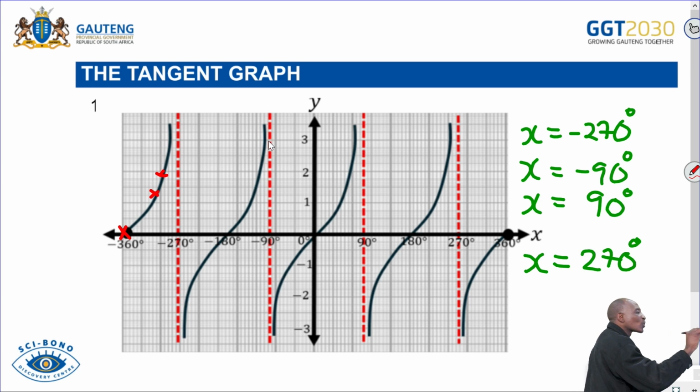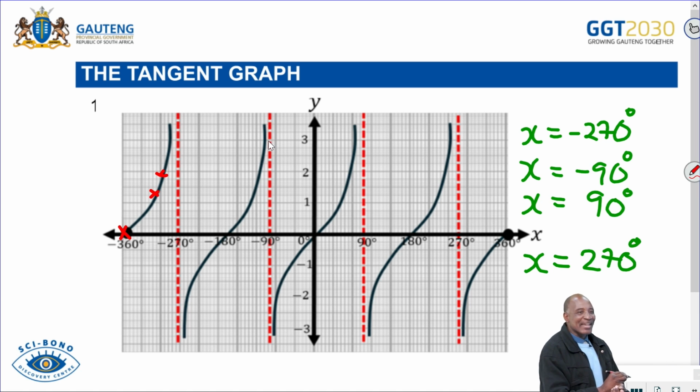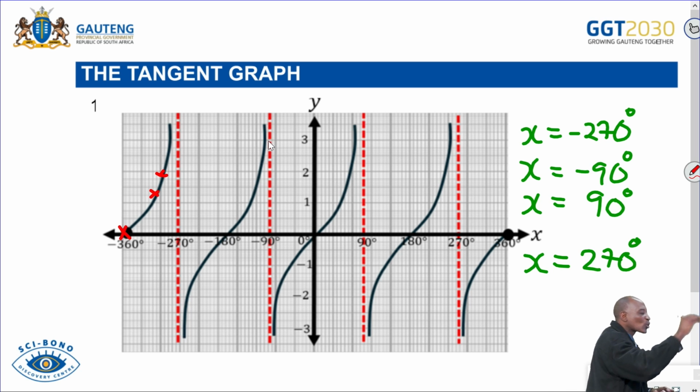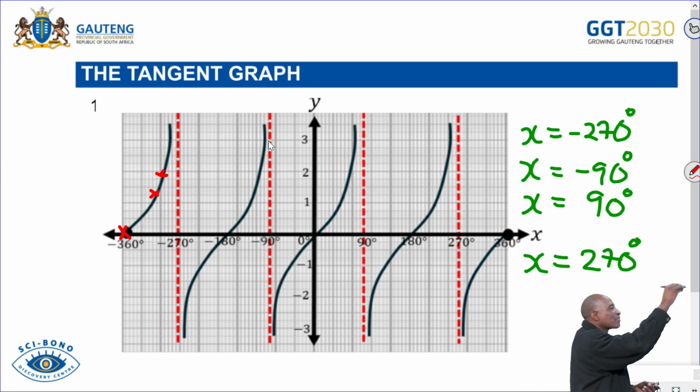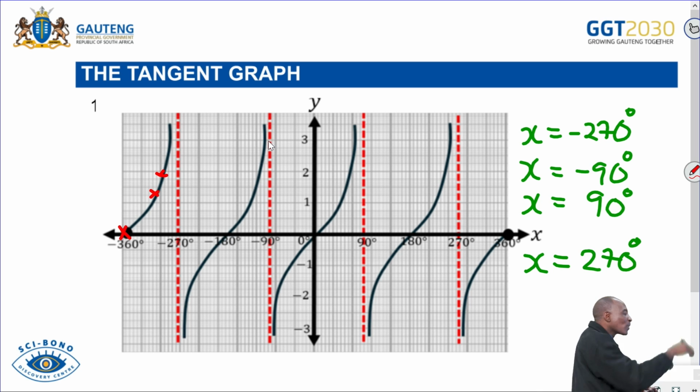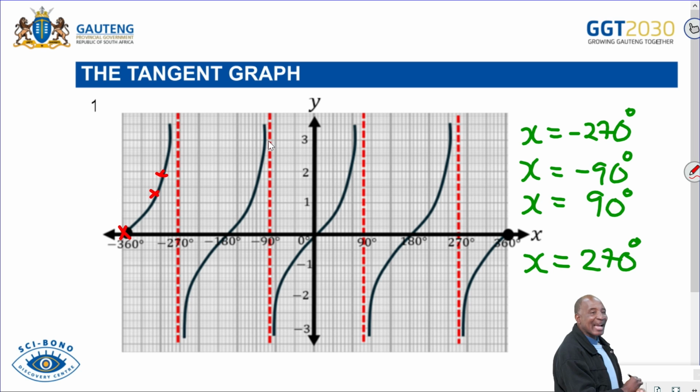Then we'll draw a curve moving closer and closer towards that vertical broken line. In other words, our graph won't cross that vertical line. It gets closer and closer but won't touch it because there is no corresponding y value. Hence, it's bounded. That is a boundary. It can't cross, neither can it touch because there is no specific y value at that time.